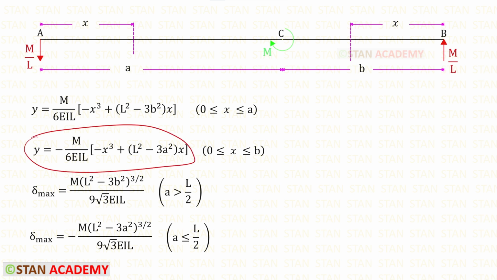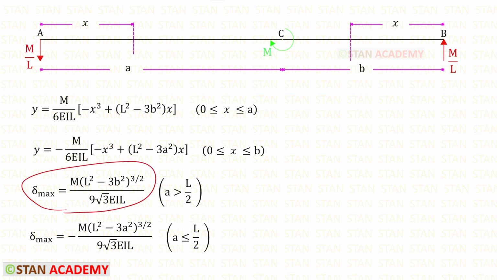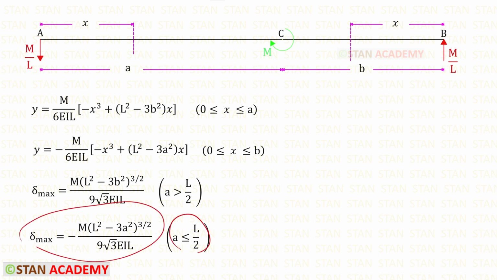So this expression is applicable from B to C. That is when x varies from 0 to b. For the maximum deflection, we have made this expression when a is greater than L upon 2. When a is equal to or less than L upon 2, we need to use this expression. There are two changes. Here it is positive and here it is negative. Instead of b, we have to apply a.